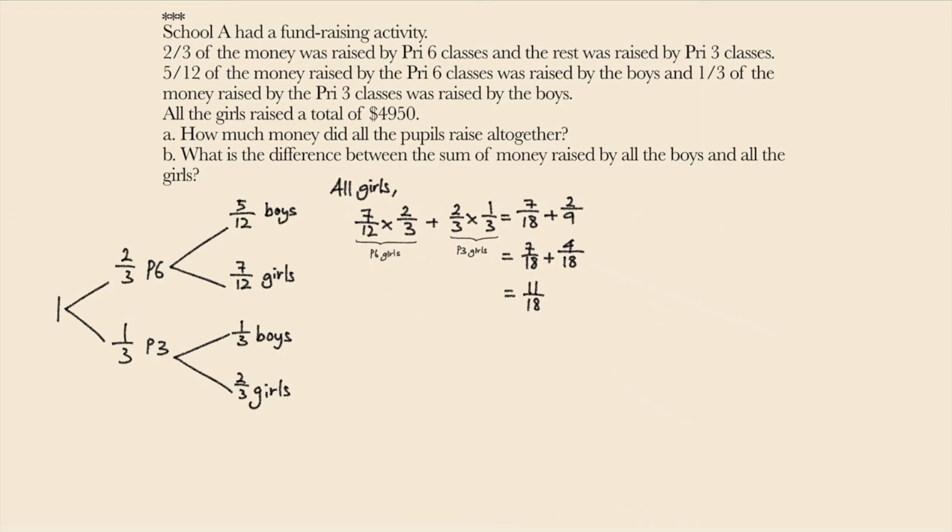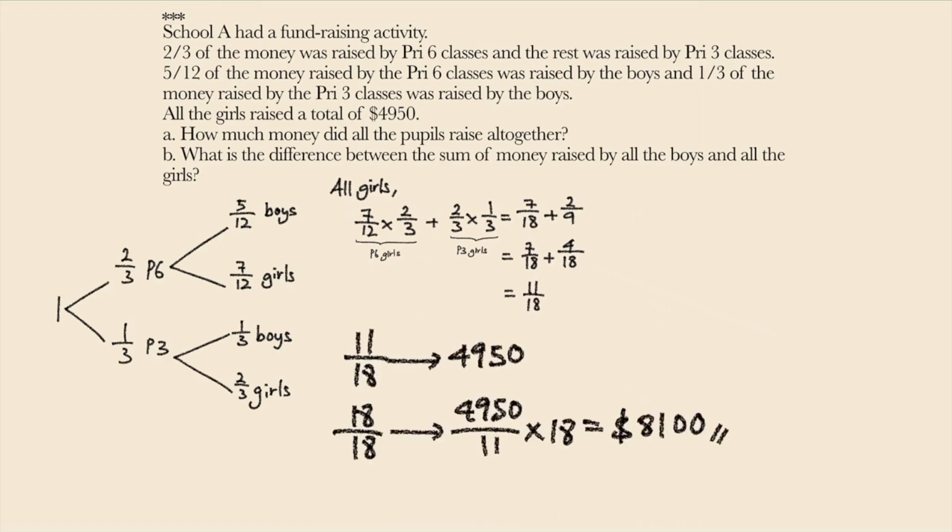We are told that all the girls raised 4,950, which means how much was raised by all the pupils? That's $8,100. We are interested in 18 units. By the way, if 11 units by girls, doesn't that mean 7 units by boys? Because the total is 18, right? So let's keep that in mind.